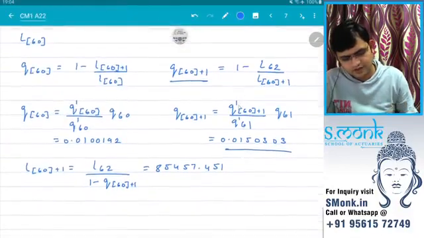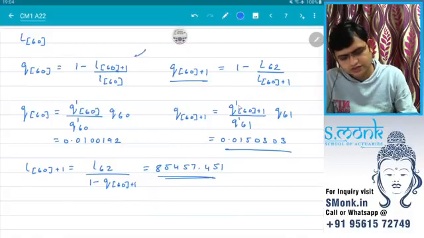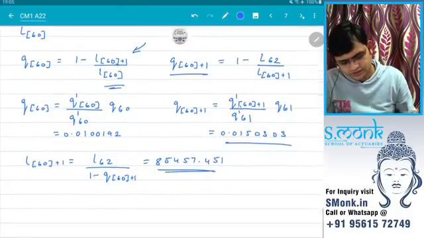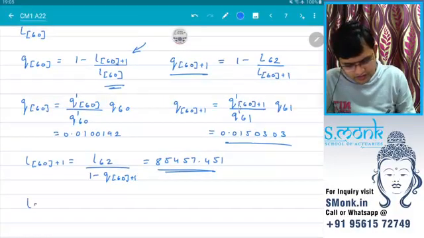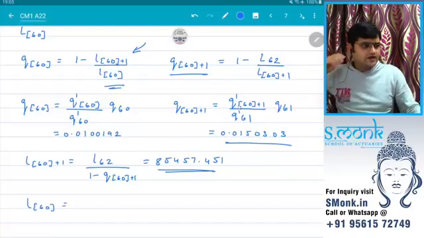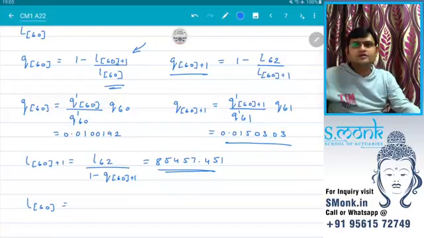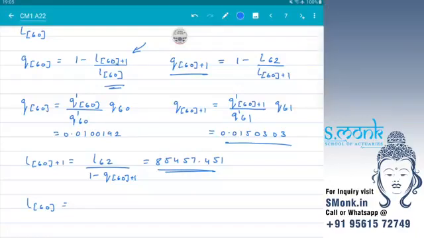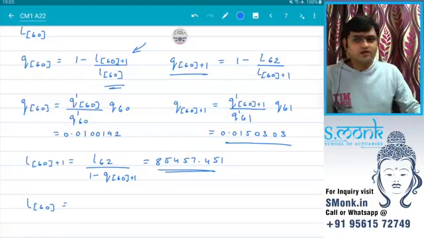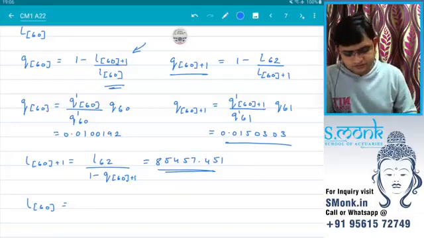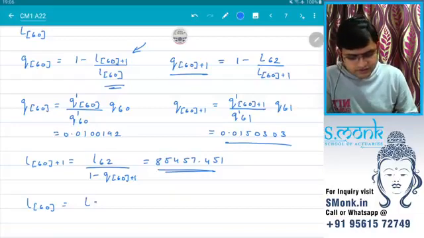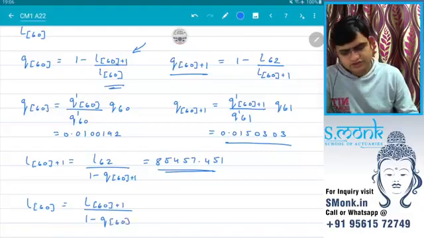Okay, now we can use this here to find this. So L select 60 will be, just find that. I'll be back in just 1 minute. Okay, so L select 60 will give us L select 60 plus 1 by 1 minus Q select 60.